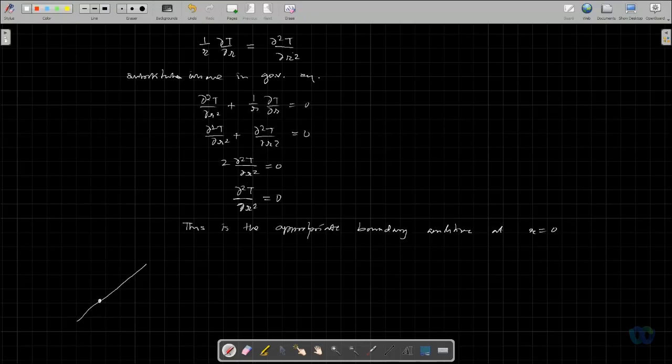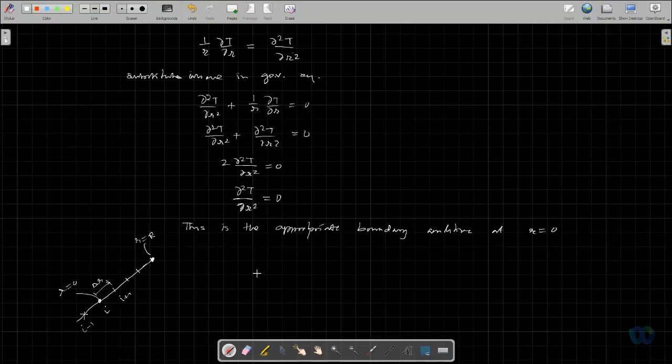So here this is r is equal to 0, suppose. So we have 1, 2, 3, and like that. We have this as r is equal to capital R. So suppose I write i for this one and i plus 1 for this one. And if I take the point below, I can write it as i minus 1. Okay. And this distance is delta r. And delta r remains the same everywhere. Delta r is constant.